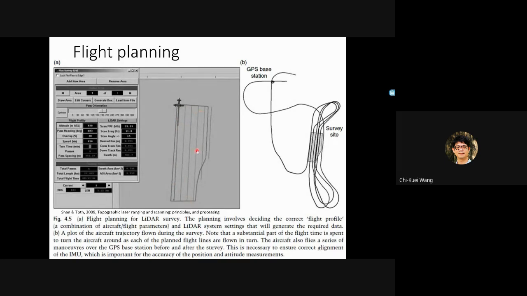But in reality, you need to understand that an airplane doesn't turn like a car. It needs to fly far away and then make a big turn to come back. So when you think about airborne LiDAR, you also have to consider the turning. This is the important thing on this slide.